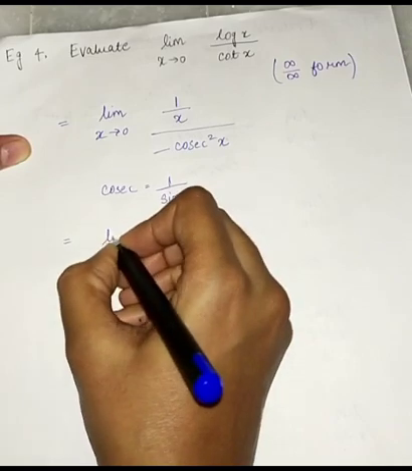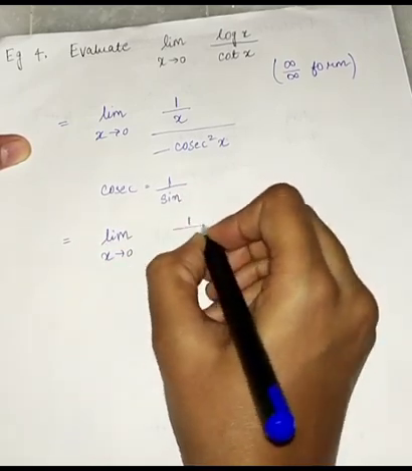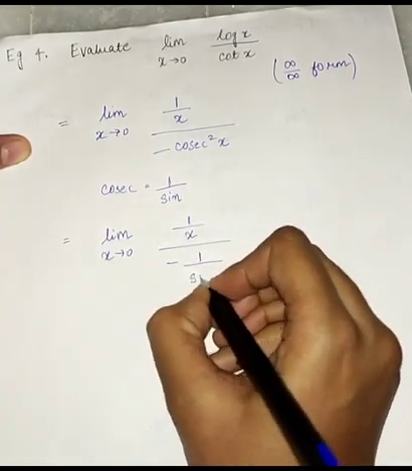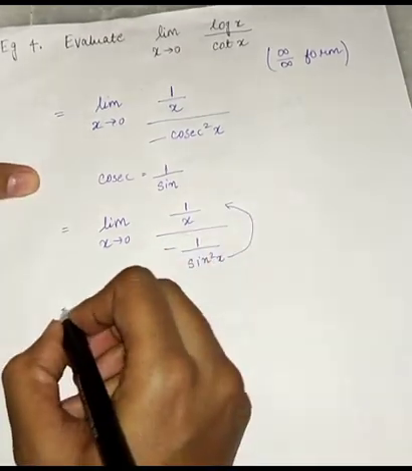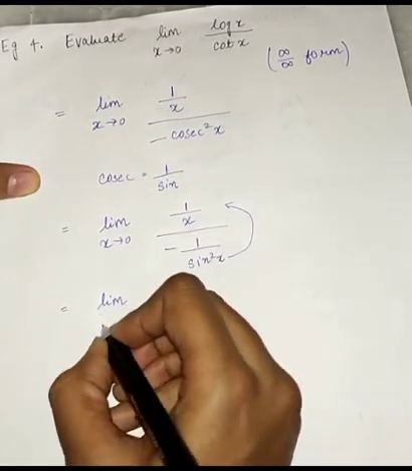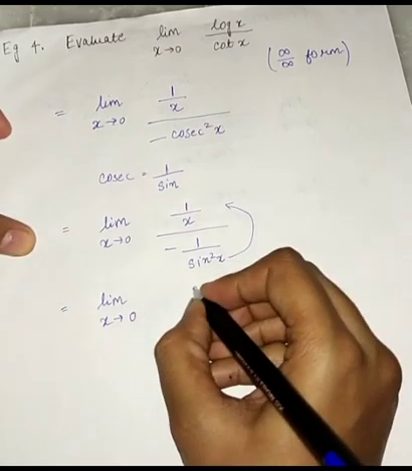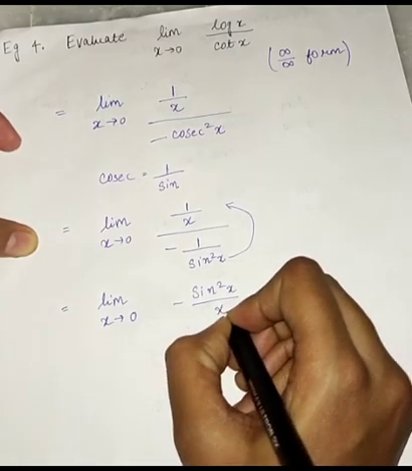So we can rewrite this equation as limit x tends to 0 of 1 upon x upon minus 1 upon sin square x. The sin square x will go up, so we can rewrite this equation as limit x tends to 0 of minus sin square x upon x.